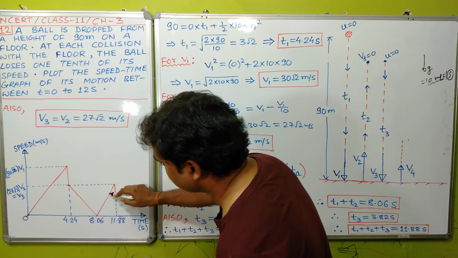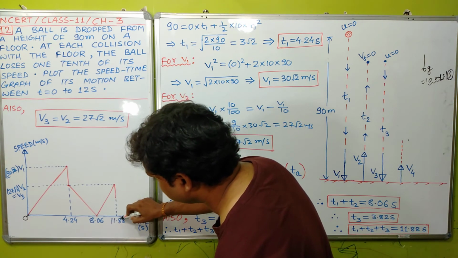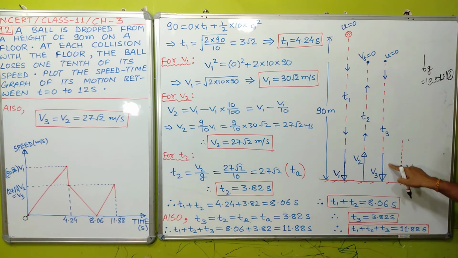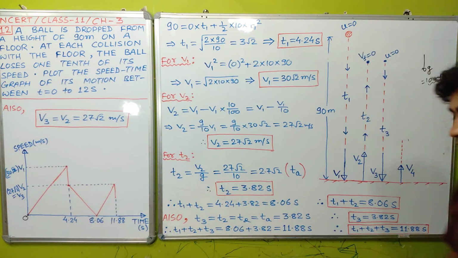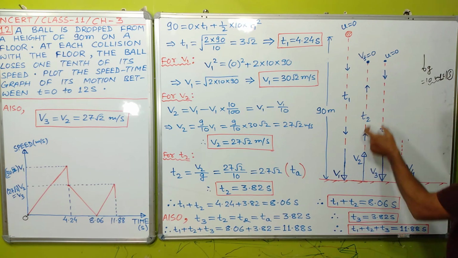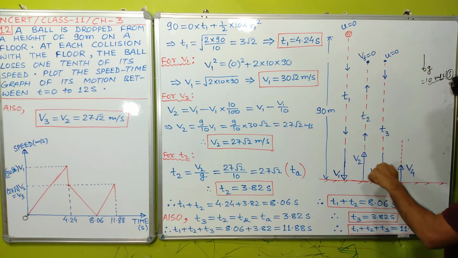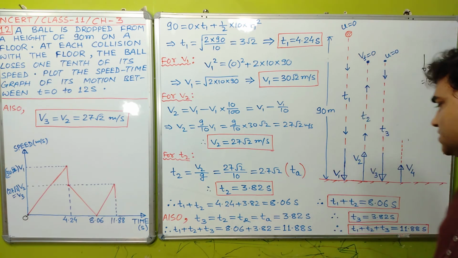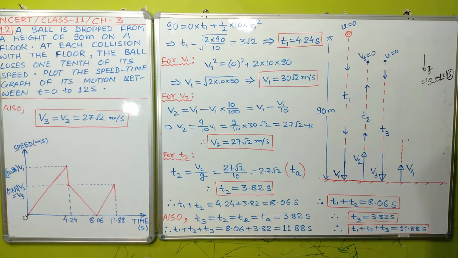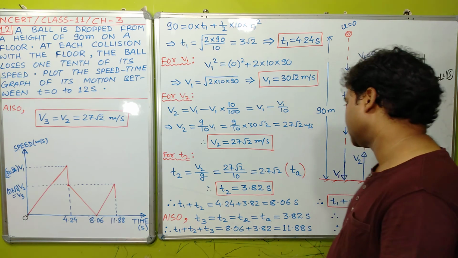Speed starts to increase, and after 11.88 seconds, again its speed becomes v3, whose value will be equal to v2. Always remember, with whatever speed you throw any body in the vertically upward direction, that body will strike the ground again with the same speed. These are the basic properties, and I hope you have studied them in theory.